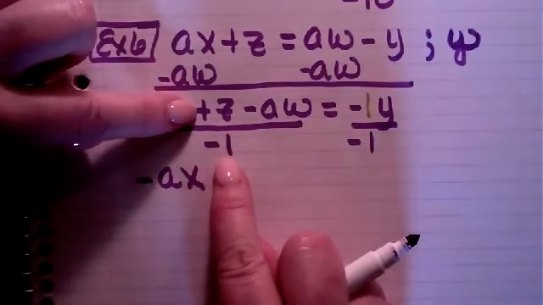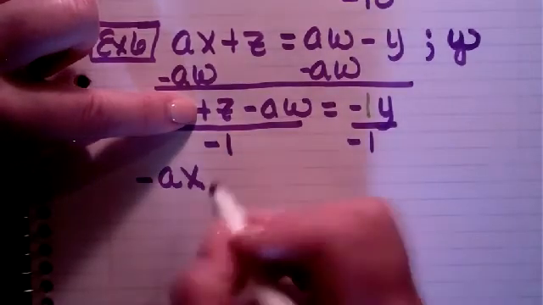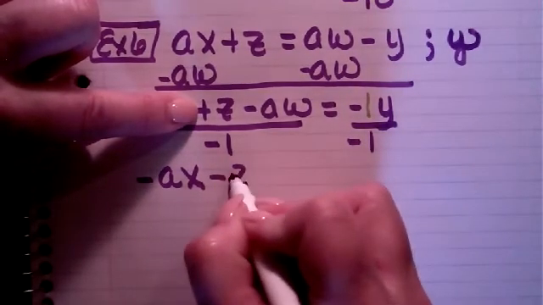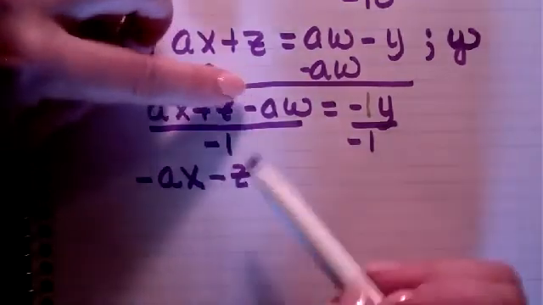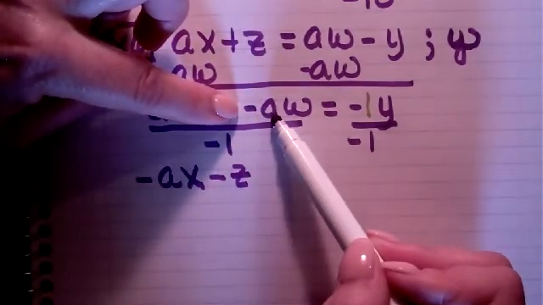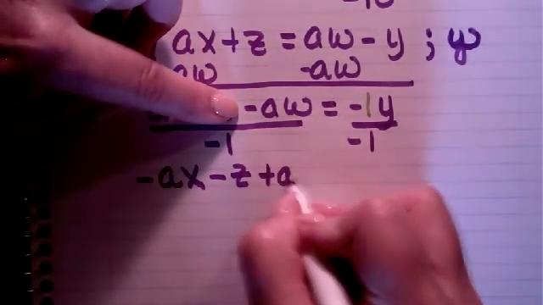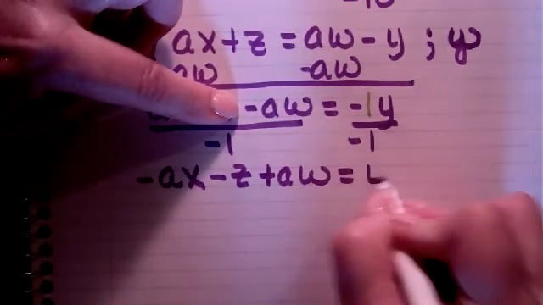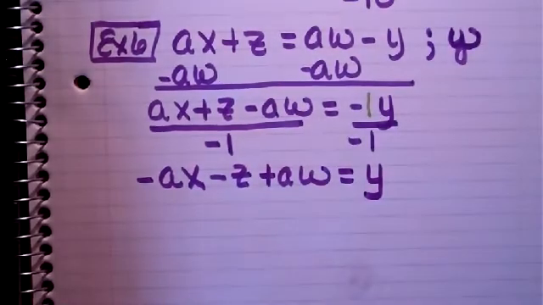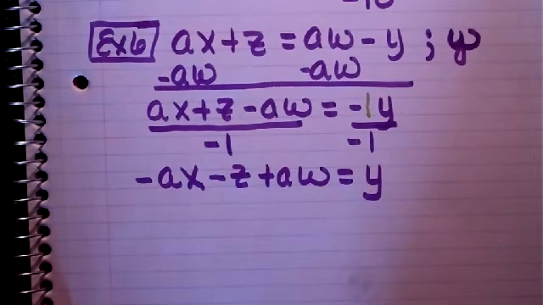Right here, positive Z divided by negative 1 would be negative Z. So I write minus Z. And then right here, negative 1 divided into negative AW, a negative divided by a negative would make it a positive. So my answer could be negative AX minus Z plus AW. Okay? We'll get that copied and we'll go to number 7.